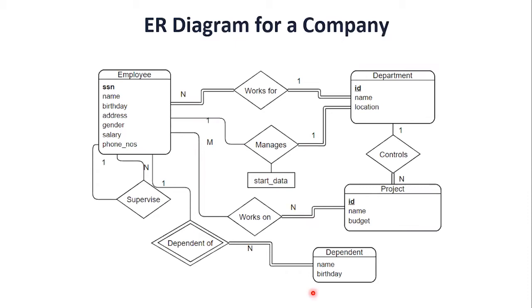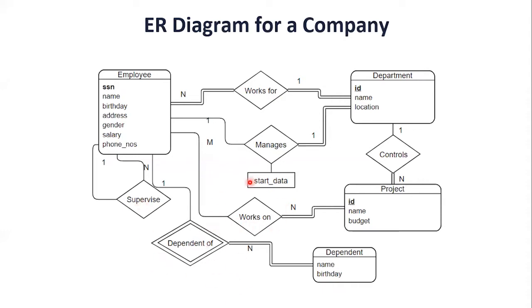So that is basically any dependent of a particular employee belongs to this entity set. So since without an employee, we are not really concerned about a dependent, we consider it as a weak entity set here. So a dependent can only exist in this case with an employee.